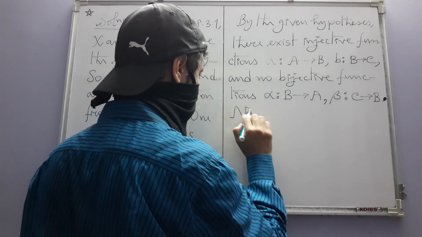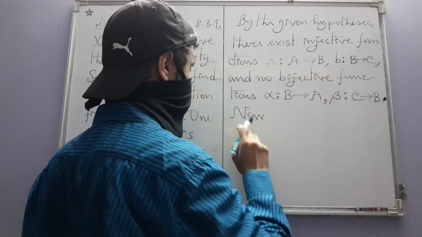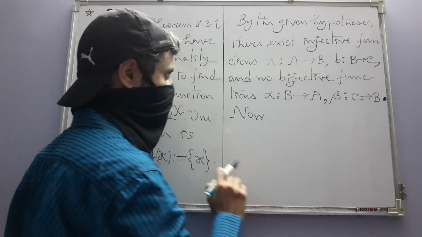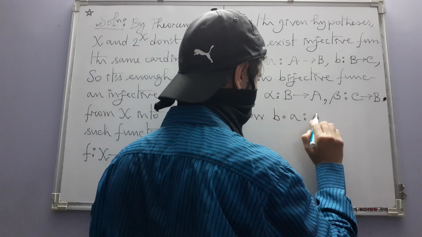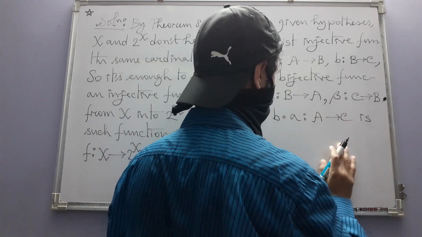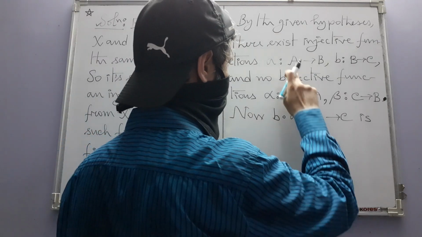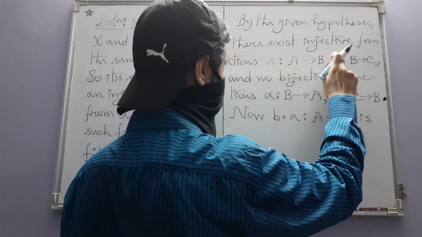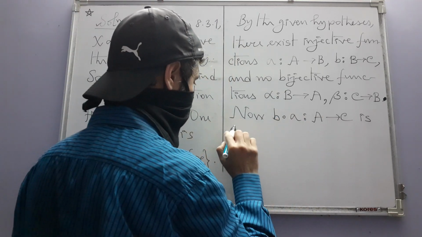Now, obviously, we can compose these two to form an injection from A into C. Well, I mean injection. Why do I keep messing up these things? This is an injective function, this is another injective function, so their composition is an injective function.